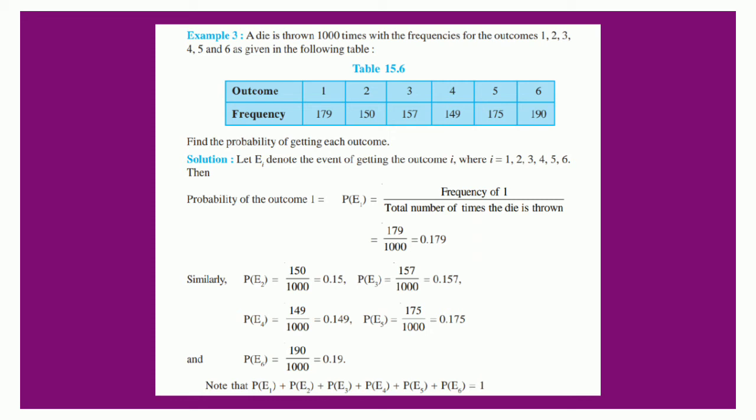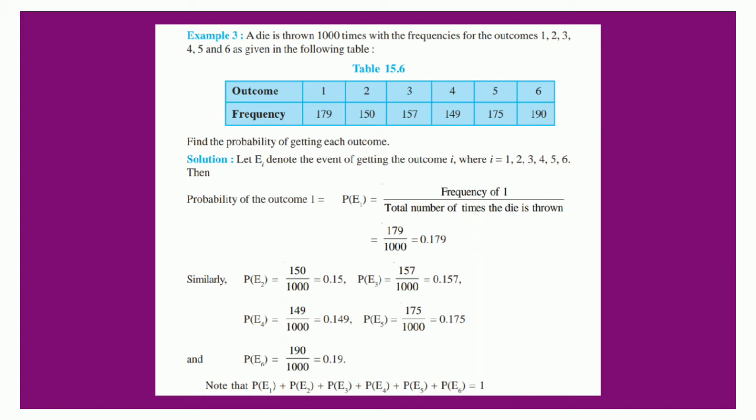So here the outcome 1 has frequency 179, 2 has 150, 3 has 157, 4 has 149, 5 has 175 and 6 has 190. So we take E1, E2, E3, E4, E5 and E6 as the 6 events.